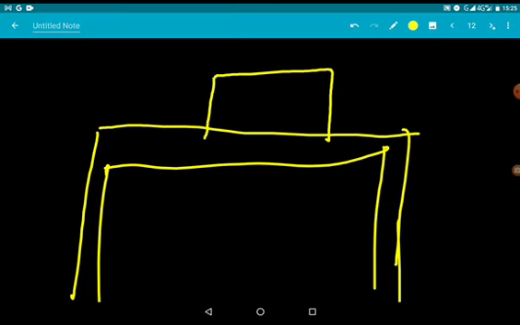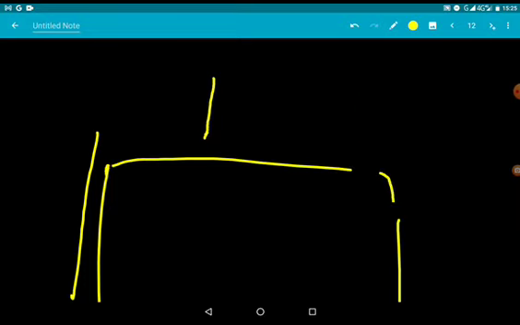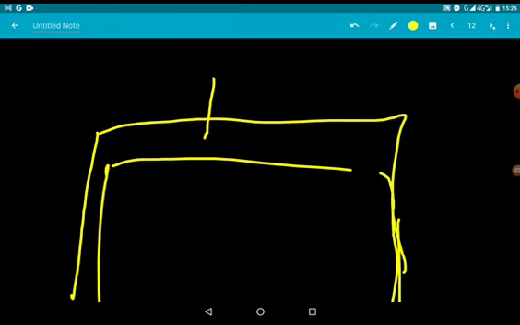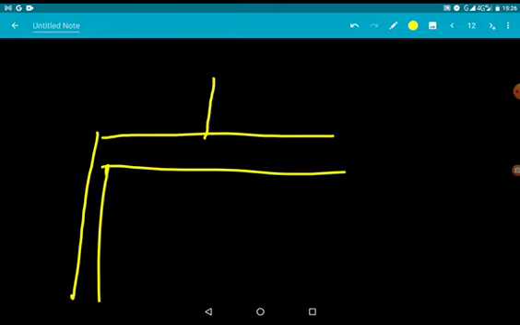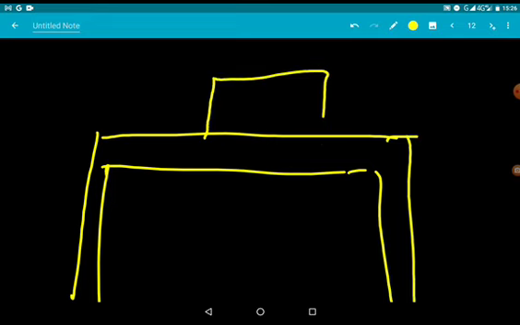So this is a box, it's touching the table, these are two layers.